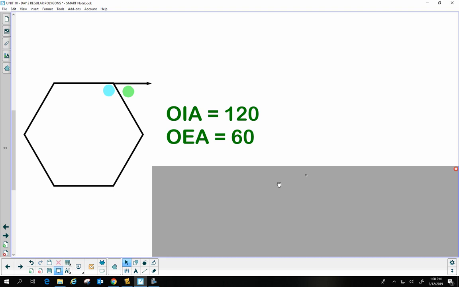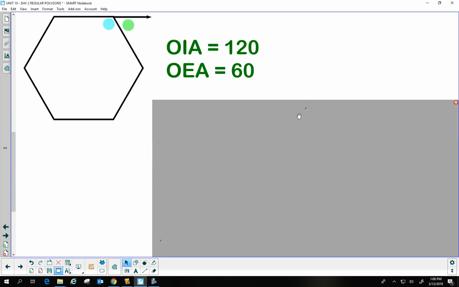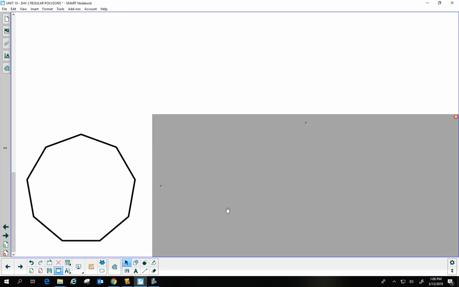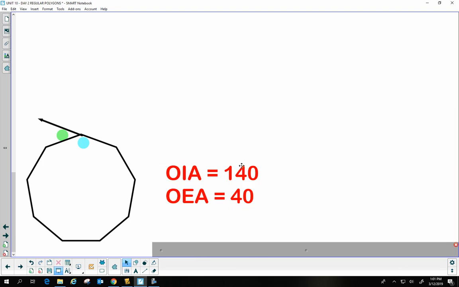If I know the exterior, I could subtract it from 180 to find the interior. Or I can lean on those formulas that we had. And let me show you last, the nonagon, exterior angle, again, doing my best to make it straight. And the interior together, they make a straight line. They add to 180. The inside was 140, the outside was 40.